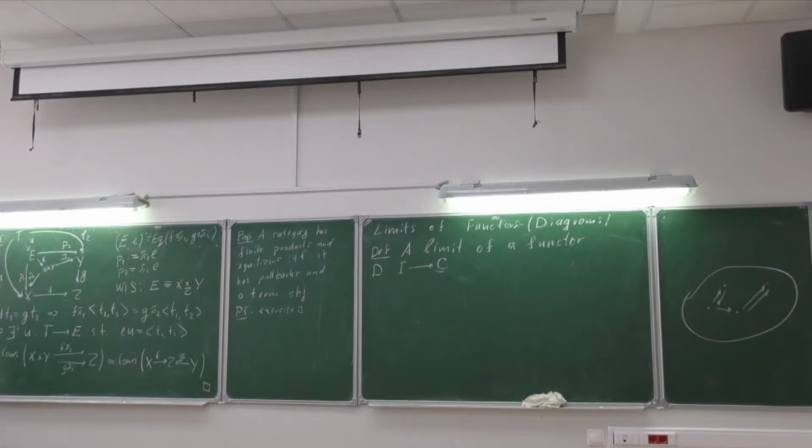No. Well, I want to think about such functors from some category I to C as diagrams inside the category. For an example, such a diagram will be the diagram for the product, which is just a bunch of objects, and there are no arrows between those objects. What is the category I supposed to be to represent this bunch of objects by a diagram, which is a functor?